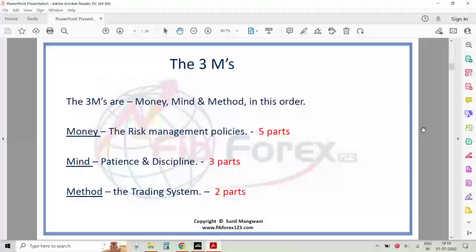If you distribute these on a scale of 1 to 10, money, your risk management policies, will take up 5 parts out of 10. Your mind factor, which I simply call patience and discipline, will take up 3 parts out of 10. And the method, the trading systems that everybody looks at, will take just 2 parts out of 10.